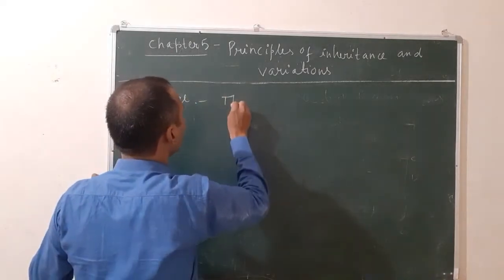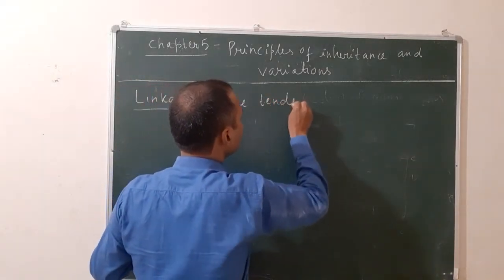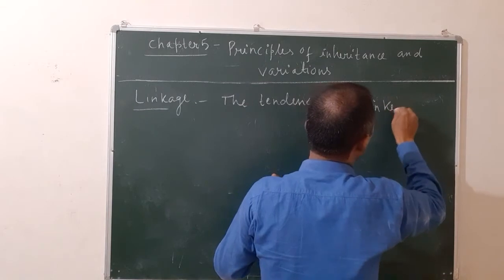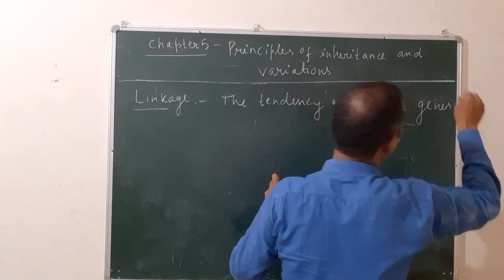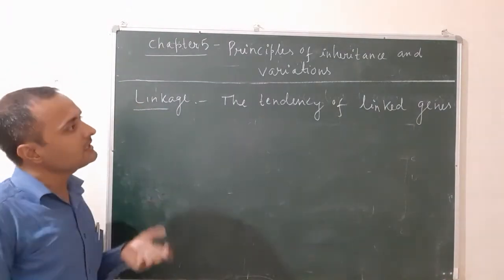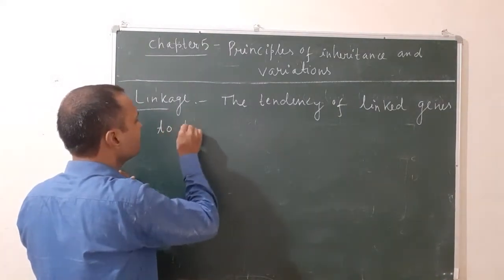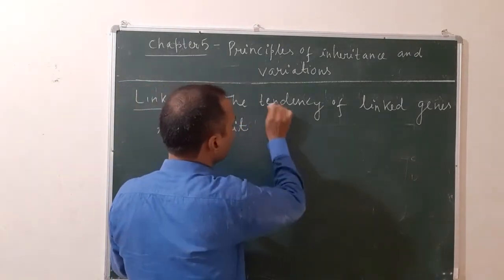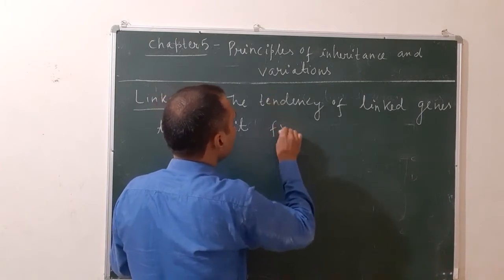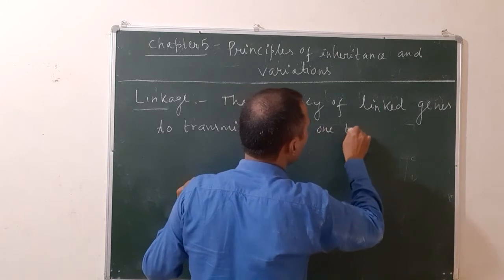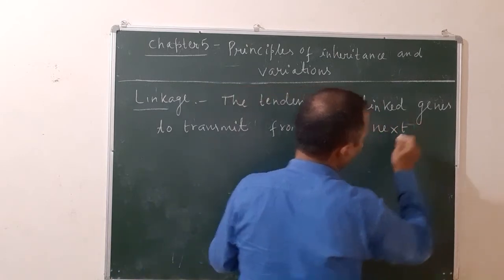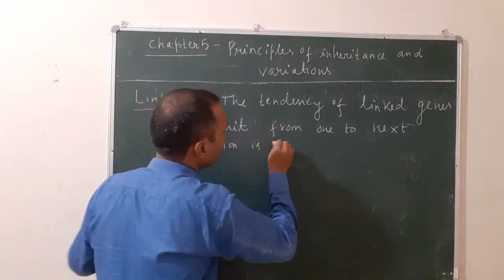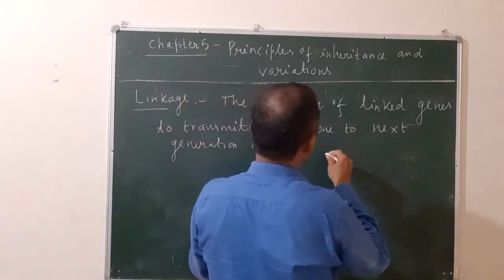The tendency of linked genes, that is, the genes present on the same pair of chromosomes and closely located, to transmit from one generation to the next generation is called linkage.